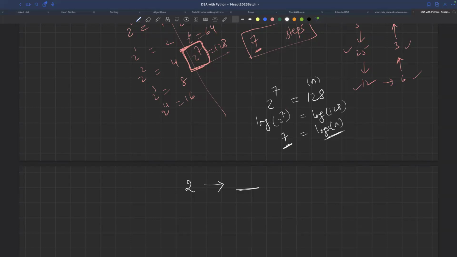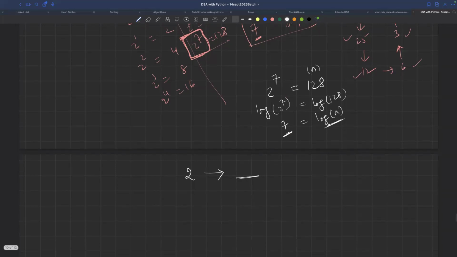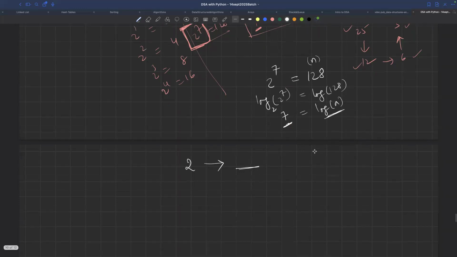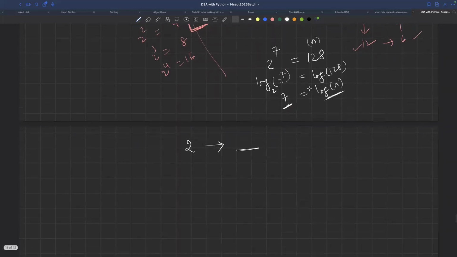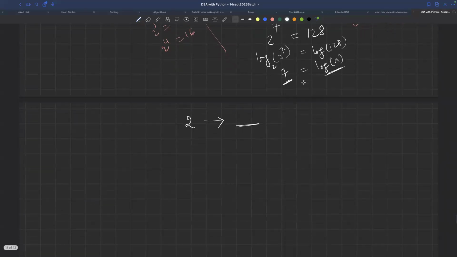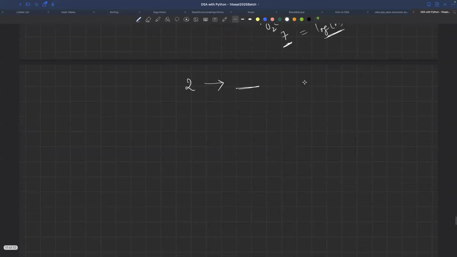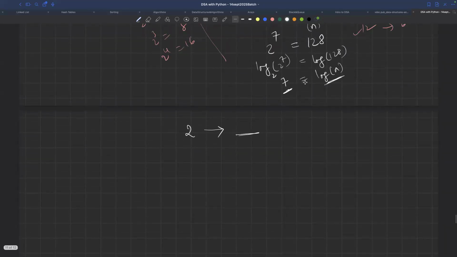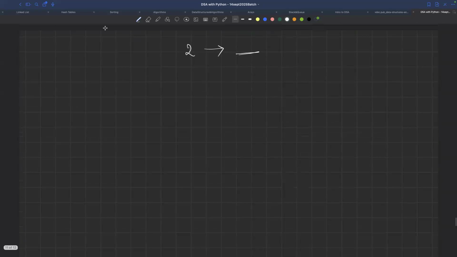Do you understand that? Log base 2. Are you hearing this log for the first time? But what is the reason behind using log? What do you want to find out?